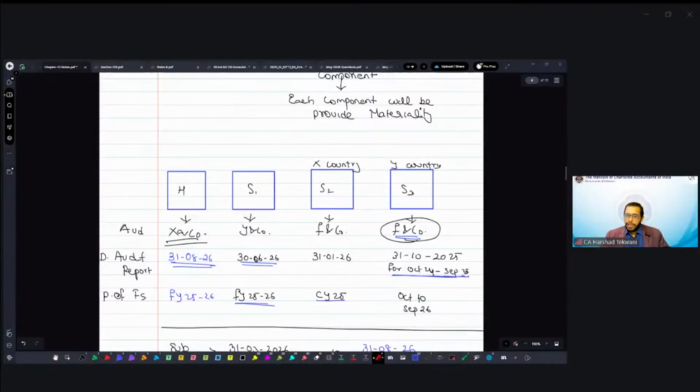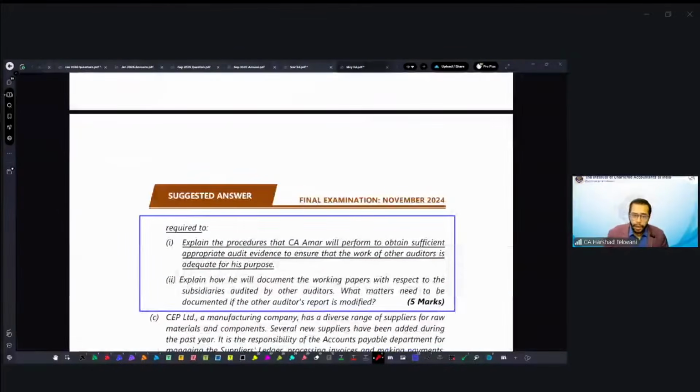See, when you are required to write an answer, you need to understand from which perspective you need to write it. Remember, in the last session, we also discussed whether you are writing the answer from the perspective of the standard, the financial statement, or the auditor's responsibility. What is required and what is asked? Here it is asked to explain the procedures.